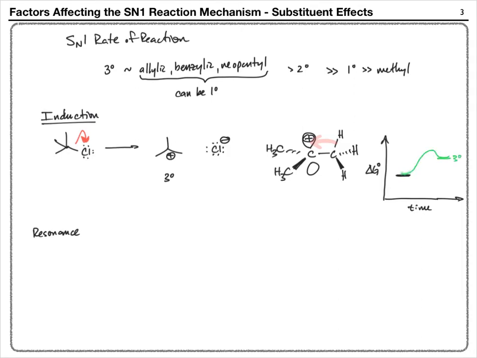So this would be tertiary. Secondary. And then primary. So that's what we mean about stability. Even though you're going up in energy, the tertiary is the lowest of all of them. That's what we mean, because it has this stabilization due to induction.